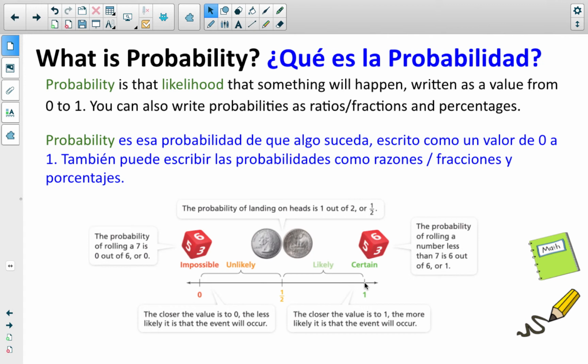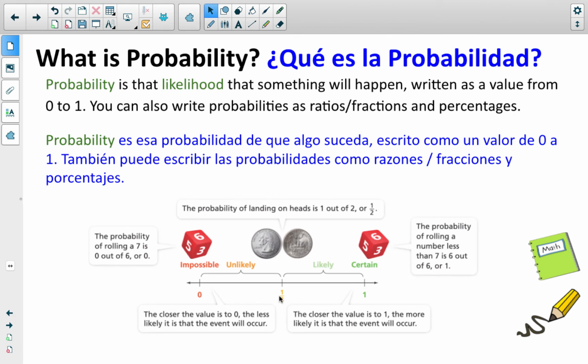But rolling a whole number less than 7 is going to happen every time. It's a 6 out of 6 chance, whether that's 6, 5, 4, 3, 2, or 1. So that's 100%.